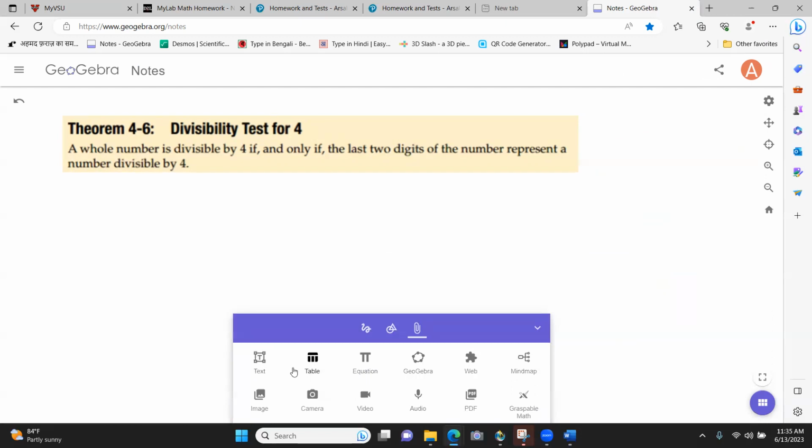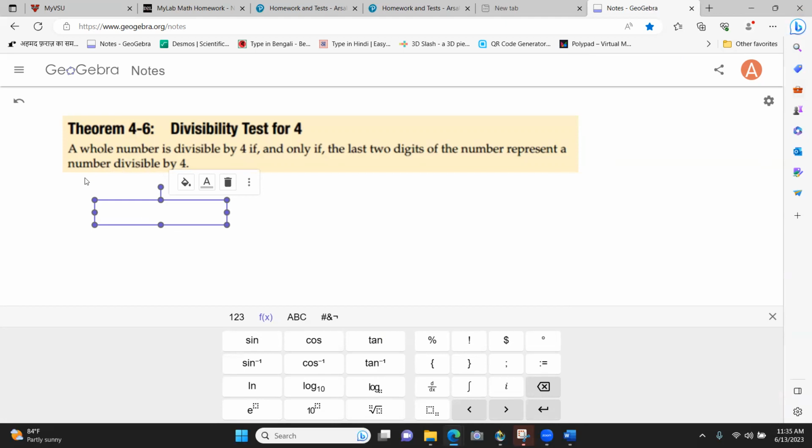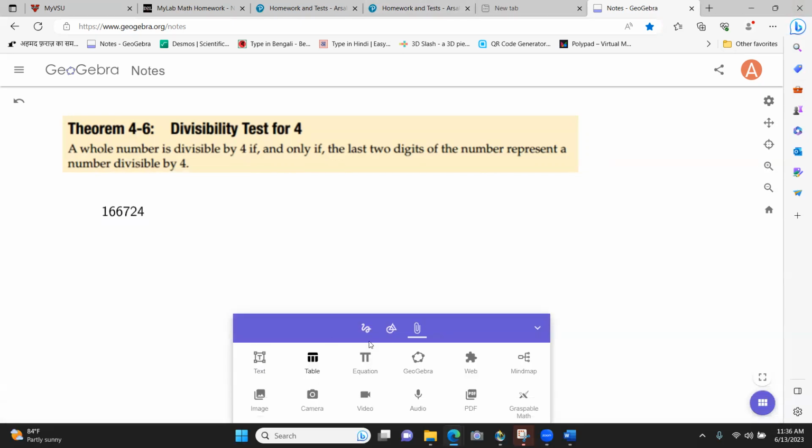Well, this is what they mean, guys. All right, so let's take a number, 16. Now, I'm only concerned about the last two digits, okay? Now, it's a large number, right?